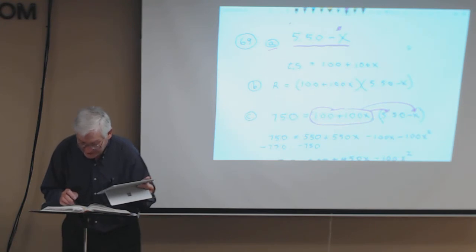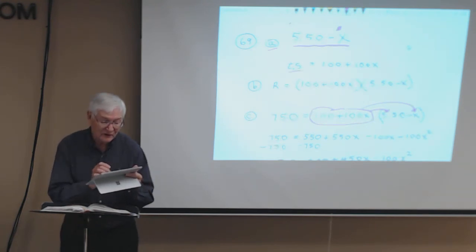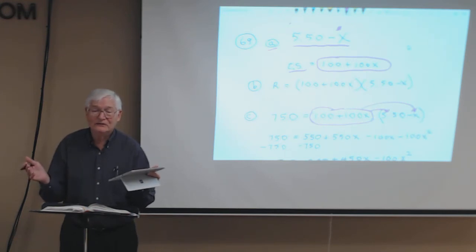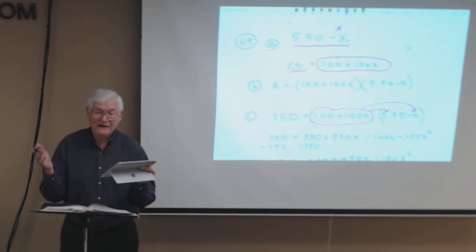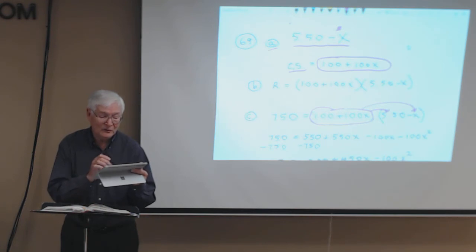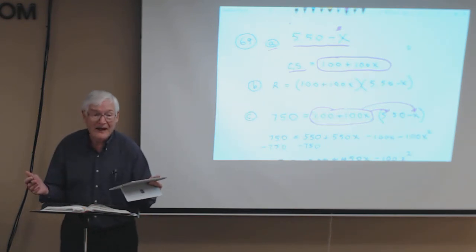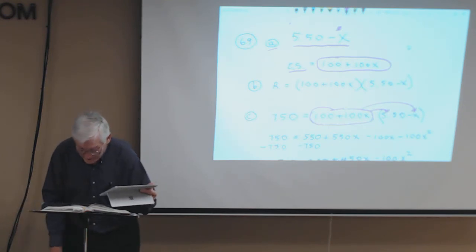The tickets sold is right here. That's what they said was the tickets sold. Don't argue with them. Just take the information. If the tickets sold were 100 plus 100x, and I have no idea what they mean by that, but I don't care. I'm just taking the information and using it.